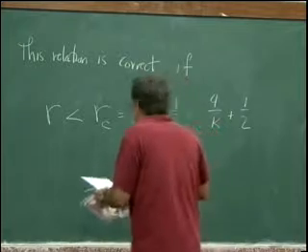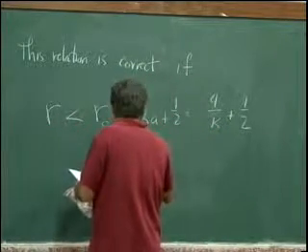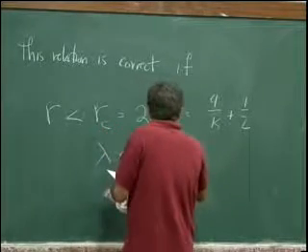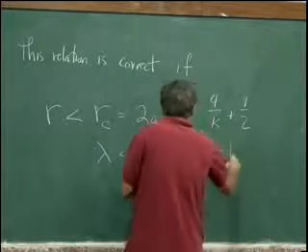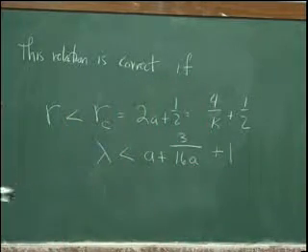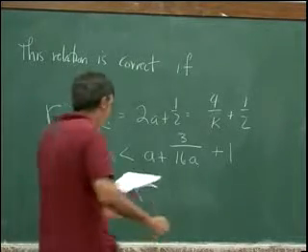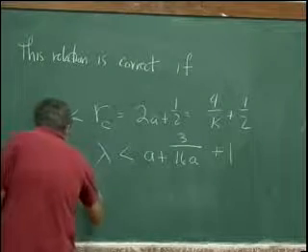So this will correspond to lambda less than a plus 3 over 16a plus 1. And in this regime, we can actually write zeta as a function of lambda.